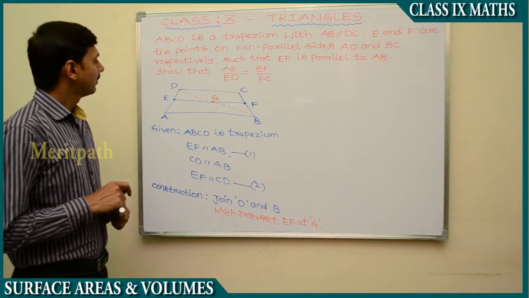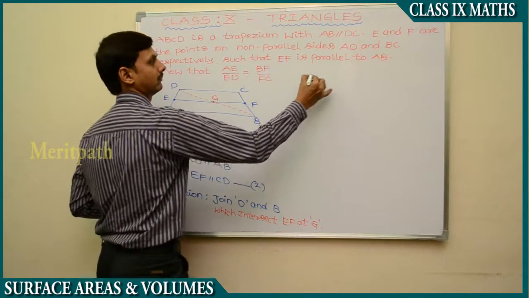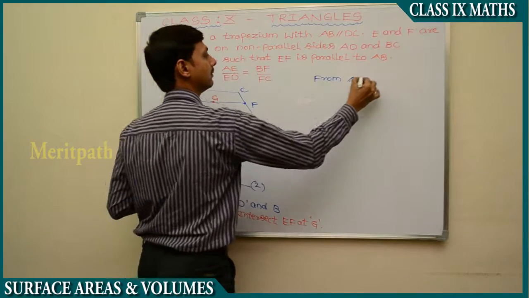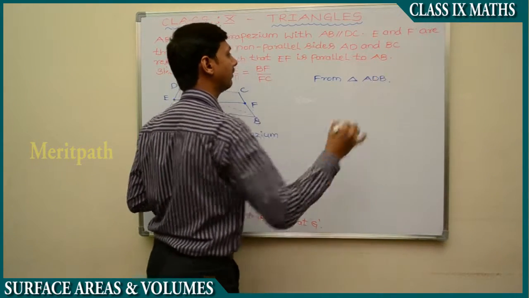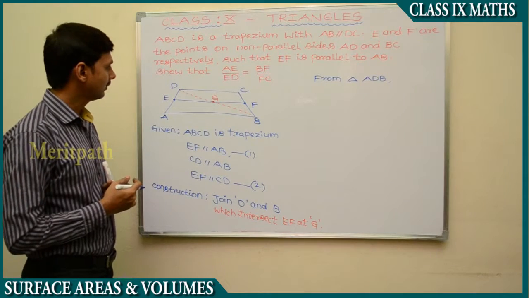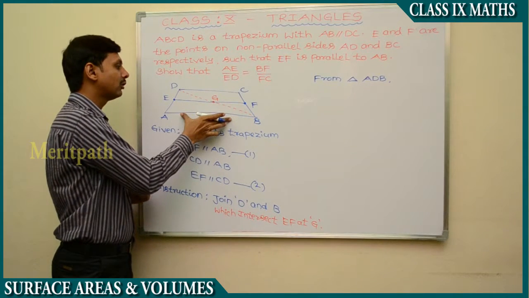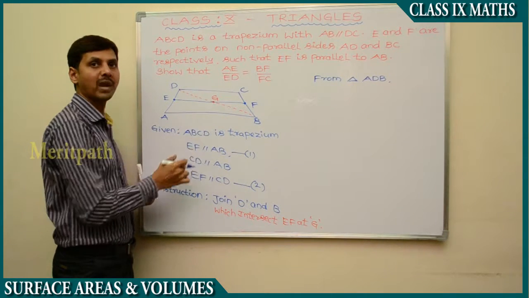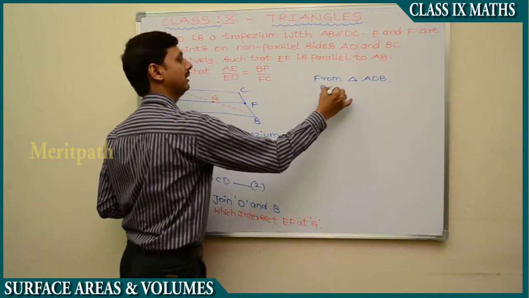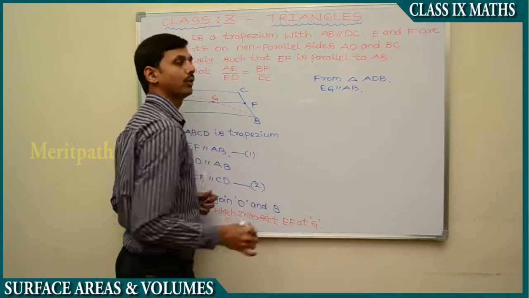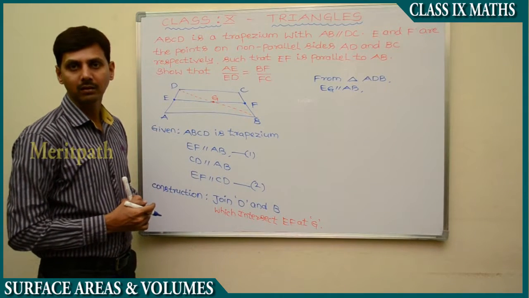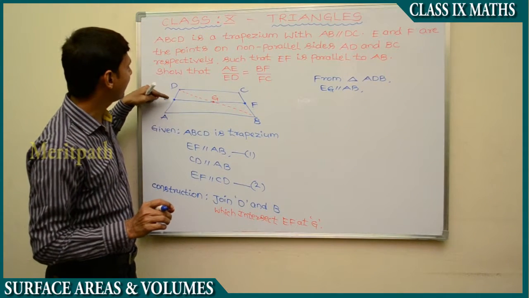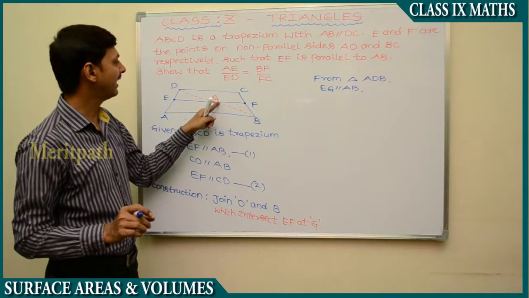Let's see from triangle ABD. From this triangle we know EF is parallel to AB, so EG is also parallel to AB. When this is parallel, we can apply the BPT, the basic proportionality theorem, that is AE by ED is equal to BG by GD.